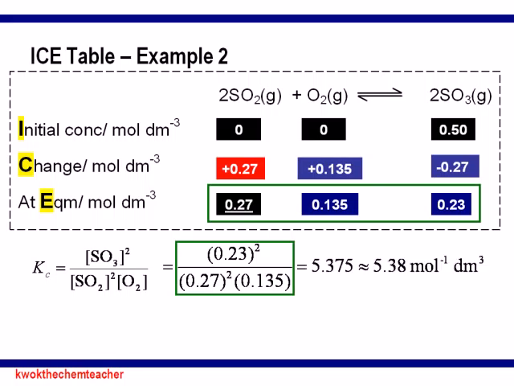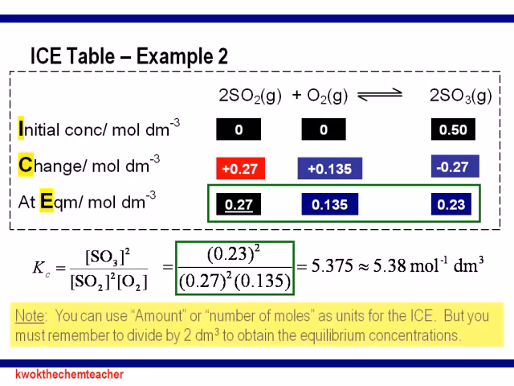To solve, we will be able to get a value of 5.375, and using the powers that we see in the units, we are able to obtain the units for the Kc expression as well. Do remember that on all calculations in this stage, we will round them up to 3 significant figures.